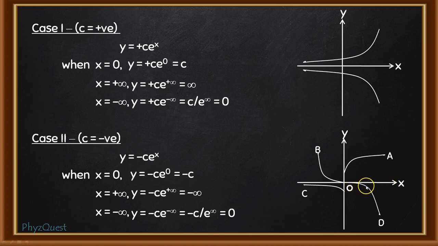Here the last plot is D. In plot D, we have when x is tending to infinity, y is tending to minus infinity. Now again, though this plot seems correct, because here we have got when x is tending to plus infinity, y is tending to minus infinity. That is here.